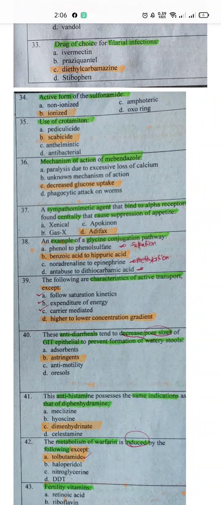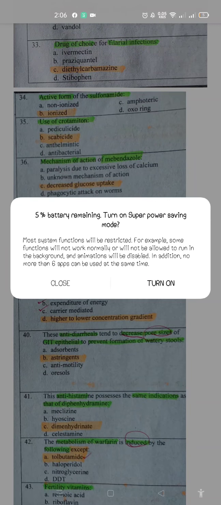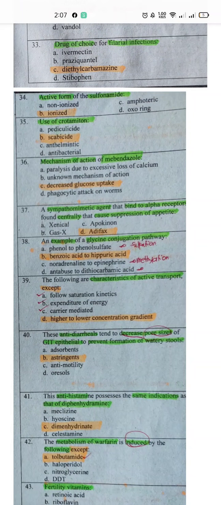Number 40, these antidiarrheals tend to decrease pore sizes of GIT epithelial to prevent formation of watery stools: astringents.